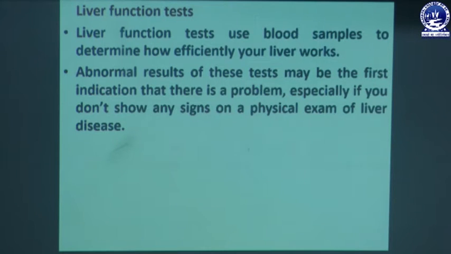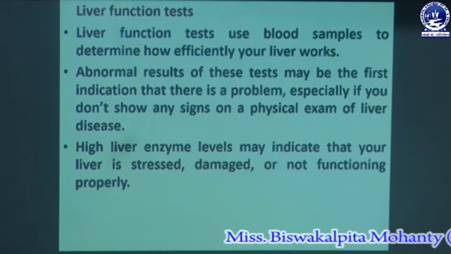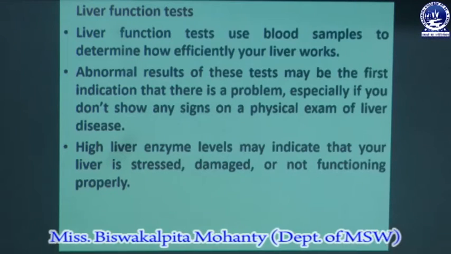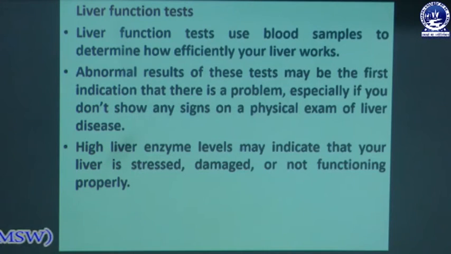High liver enzyme levels may indicate that your liver is stressed, damaged or not functioning properly. Through the blood sample, the doctor can determine how efficiently a person's liver works.